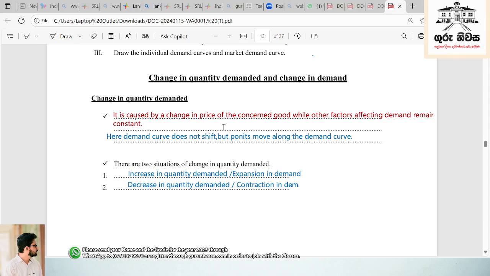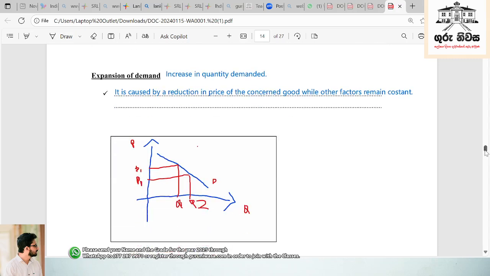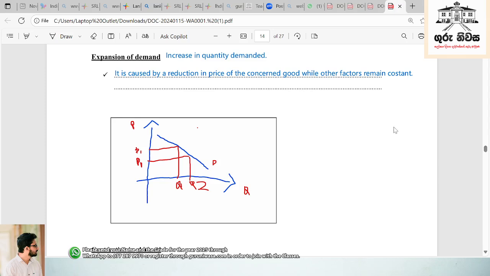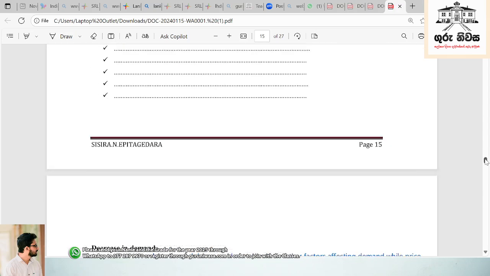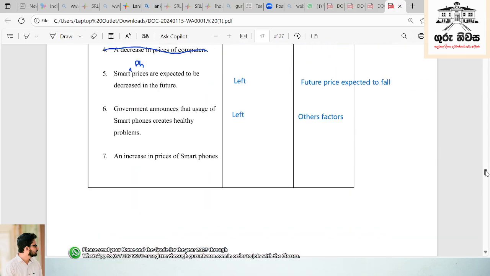So here the demand curve doesn't shift in the price category. Only points are moving. Here our concern product is smartphones. The seventh one says an increase in the price of smartphones.